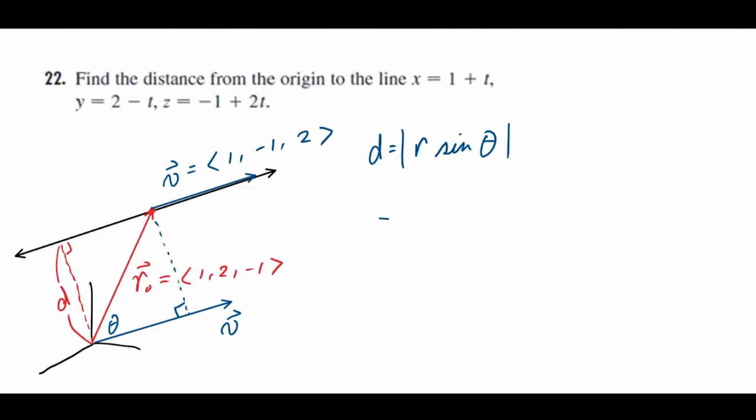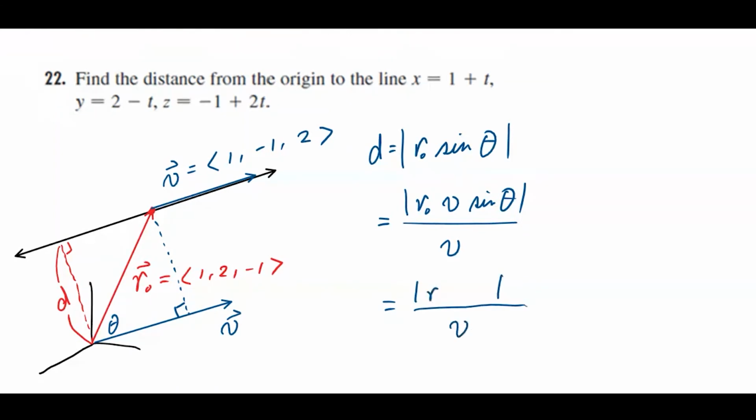Now, where are you going with this? Well, let me just do this. Is it R? Oh, R, not a vector. The magnitude of R naught times the magnitude of V sine theta divided by the magnitude of V, eh? Okay, that numerator, what does that remind you of? Cross product. That's a cross product, isn't it?